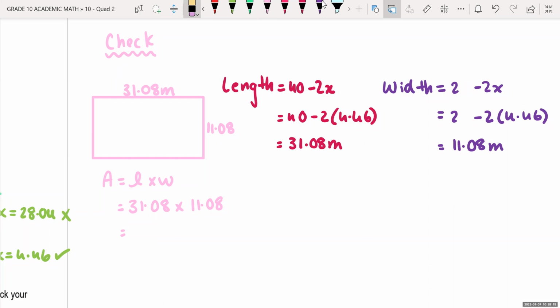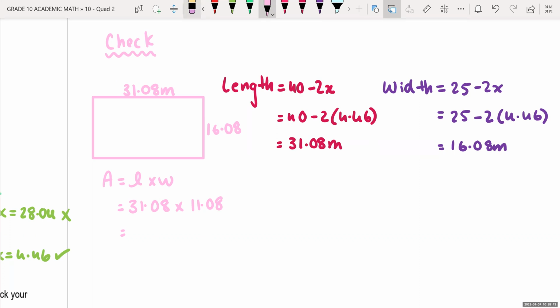Yeah, Sri Vaishnavi, you're right. Because I'm like, it's not even close to 500. Sorry, let me do that again. So 25 minus 2 times 4.46. I just miswrote it. So this should actually be 16.08 meters, which means this, my mistake, should be 16.08.